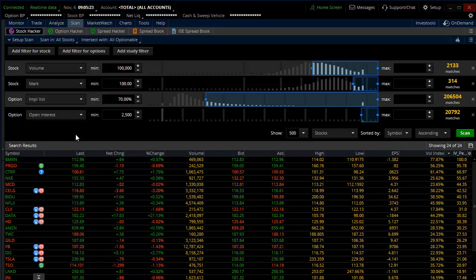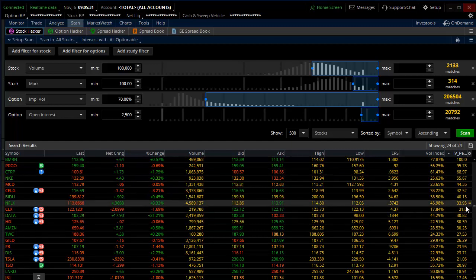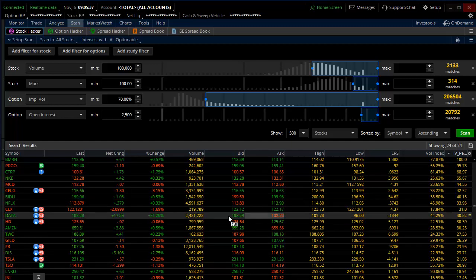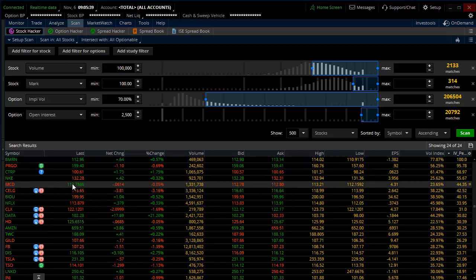The ETFs are going to be ideal when you're first starting out, and we want to be trading stocks that are going to benefit from a decrease in implied volatility, and that's kind of the name of this game. We're selling premium, we're benefiting from changes in premium, and we're staying delta neutral.